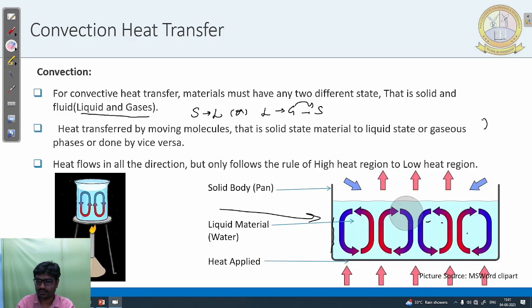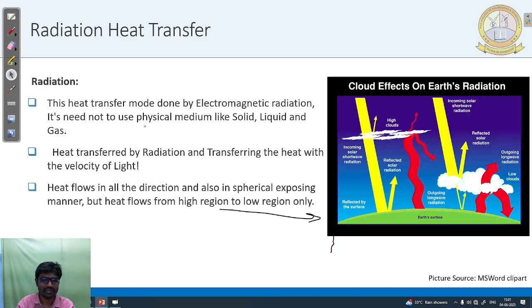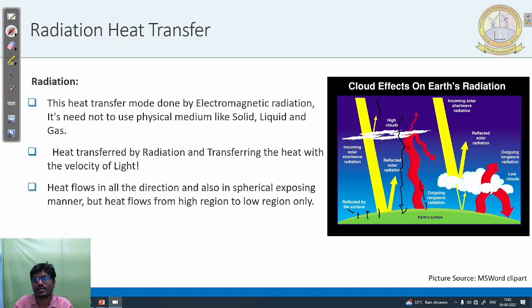Next we are going to see another mode of heat transfer. As I have mentioned earlier, the next mode of heat transfer is radiation. I have already given an example: from the sun the heat travels through electromagnetic radiation. The heat falls and reaches the earth, and we feel the heat of the sun, even though the sun is far away from us and there is no medium between the sun and the earth.